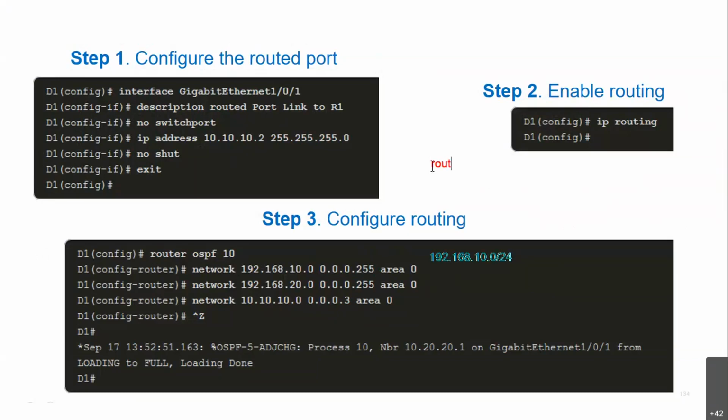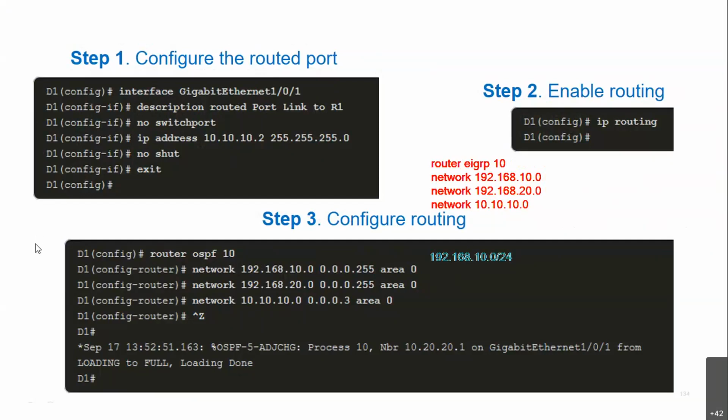So it will be router eigrp, so that you can understand better, and then the autonomous system number, whatever it is, and then network 192.168.10.0, network 192.168.20.0, and then network 10.10.10.0, and then maybe we have to have no auto-summary if you're using all that. But basically it's just the same thing.